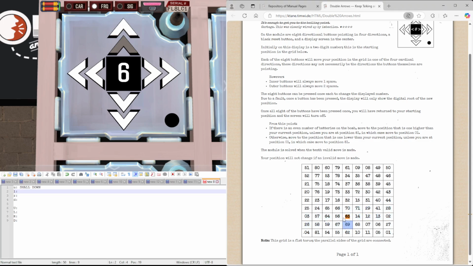Then we have 9, 4, 5, and 8, so that's fine as well. Actually, we don't even have to care about the bottom one here. We have these three, 9, 9, 4, 5. So left is small up.